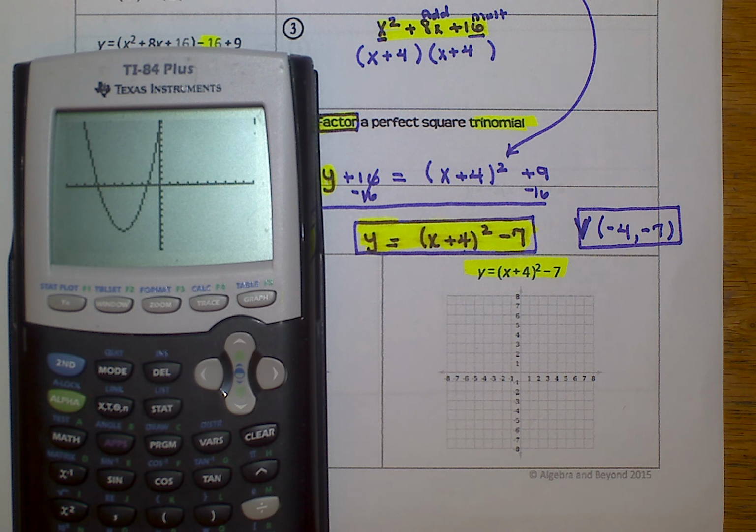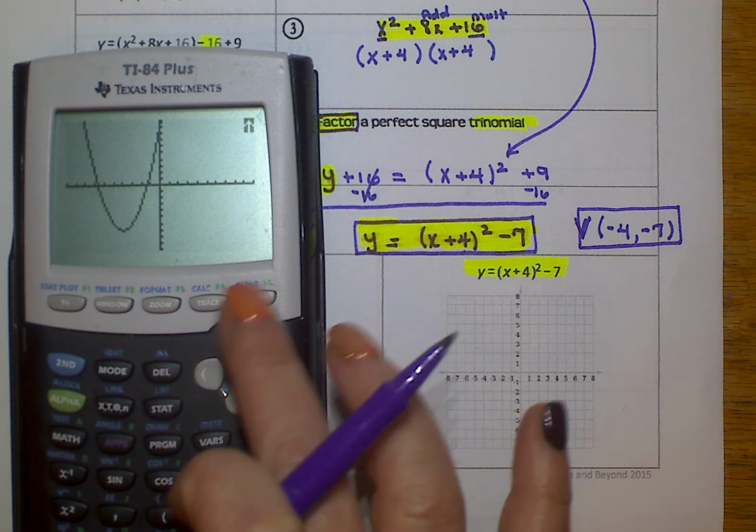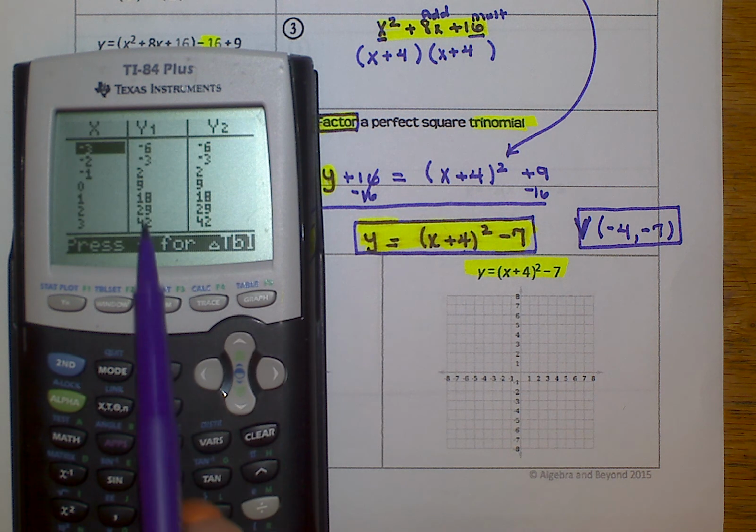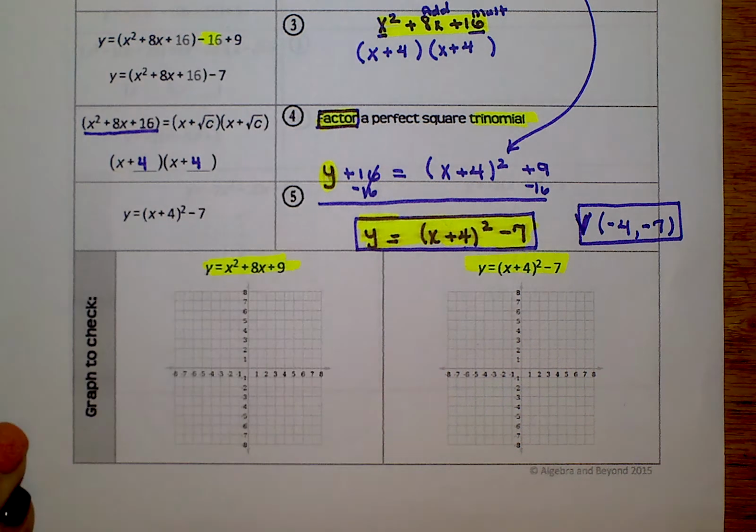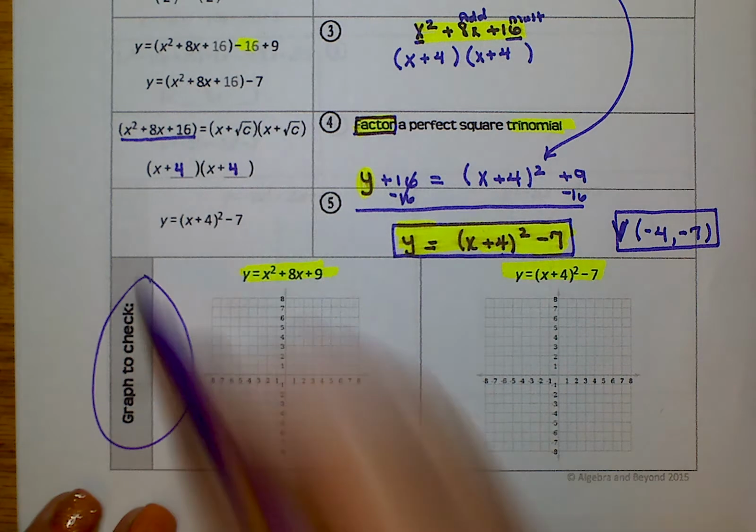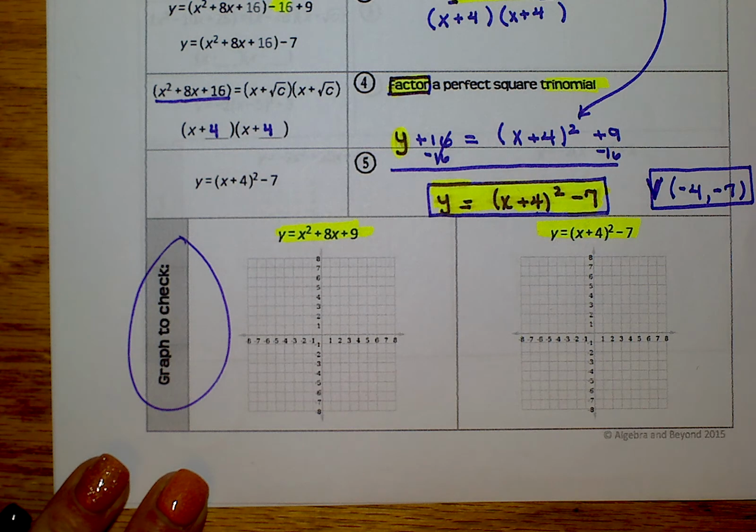When I graph it, I should get the exact same picture. If you don't see another picture, that tells you that the parabola is the same because it's laying on top of itself. If I go to the table, you see that the points are identical. So these two graphs should match when you're graphing to check those.